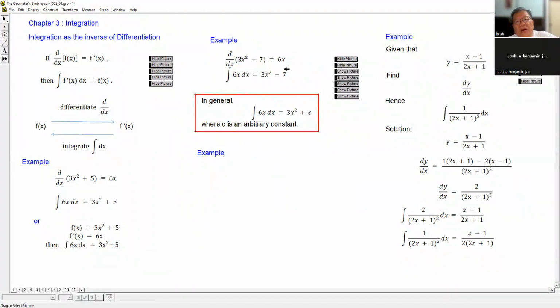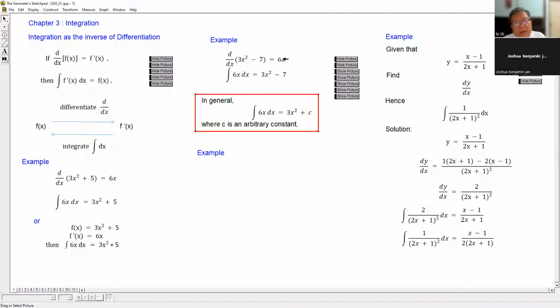So the number at the back there, it depends on the original function that you differentiate. Right or not? Can follow or not? Because the number at the back, the constant here, you integrate 6x, you get 3x squared plus 5. You integrate 6x, you get 3x squared minus 7.